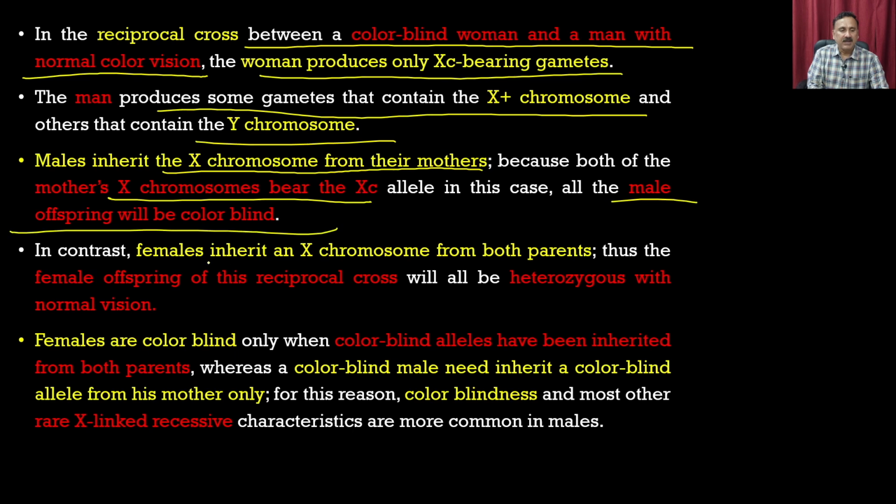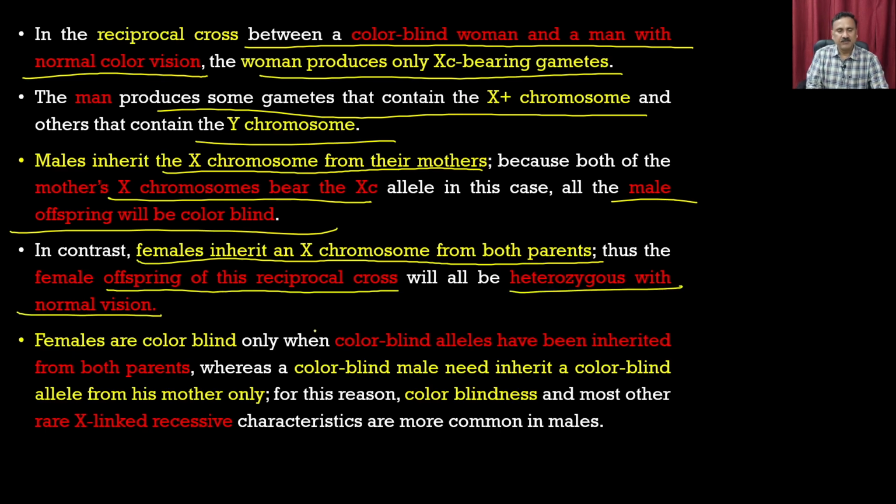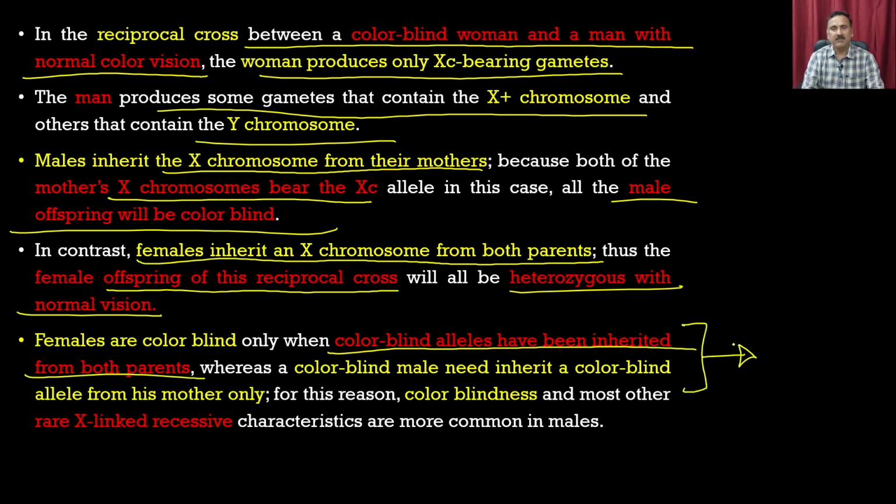In contrast, the female inherits an X chromosome from both parents, so the female offspring of this cross will be heterozygous with normal vision. Females are color-blind only when the color-blind allele has been inherited from both parents, and that is very, very important. So X-linked recessive characters are mostly a problem for males rather than females.